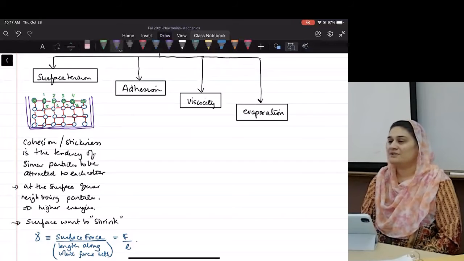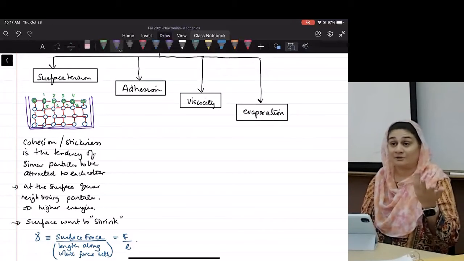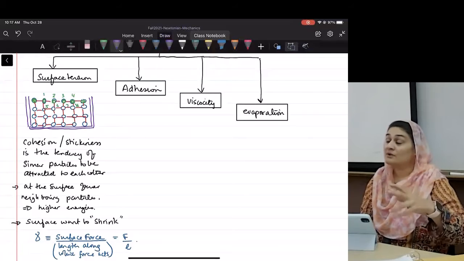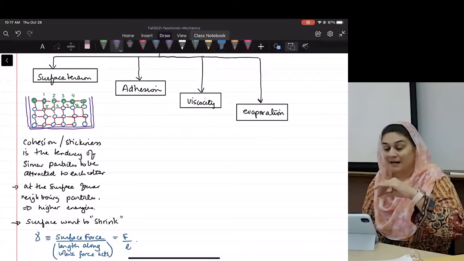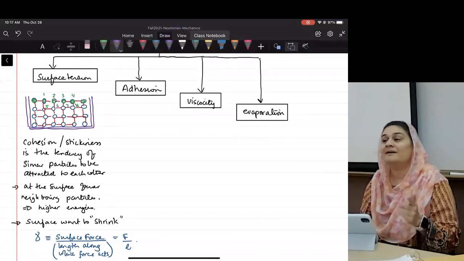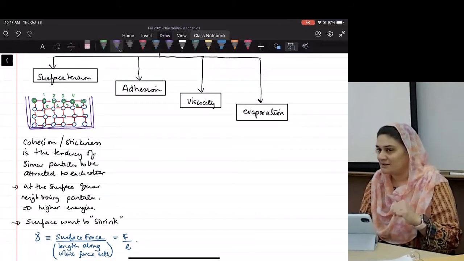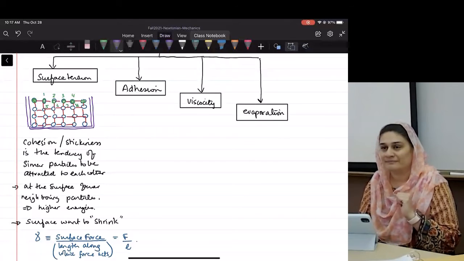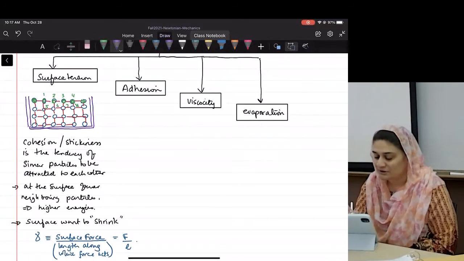What are the two things they could do? Can attract or repel, right? So they can either attract the side or they can repel the side. When they attract towards the side, we call it adhesion. What will adhesion look like?